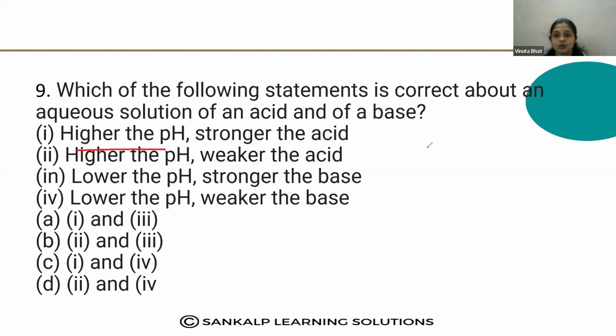Here, higher the pH. So just imagine the pH number is 1 to 14. 7 is the neutral. Okay. So higher the pH, stronger the acid? No. When the pH is near 1, then it is a strong acid. So it is not correct. Higher the pH, weaker the acid.